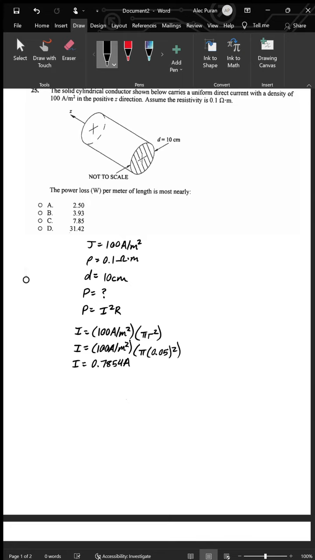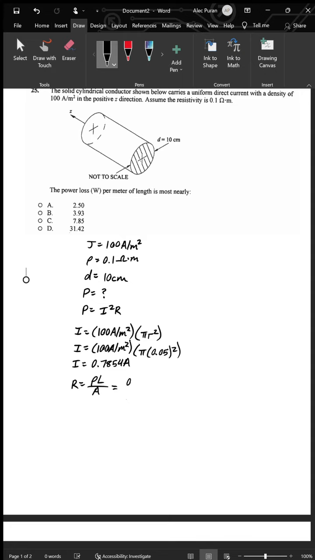Perfect, so we have our current, so now let's solve for our resistance. A formula that we've been taught before is that resistance equals resistivity times length over area. What I mentioned before is that this is an infinitesimally long conductor, but that shouldn't matter too much.